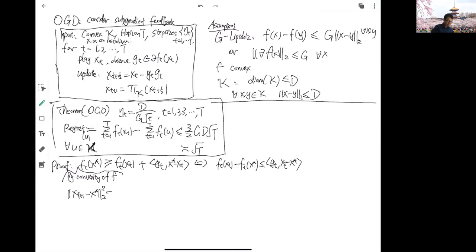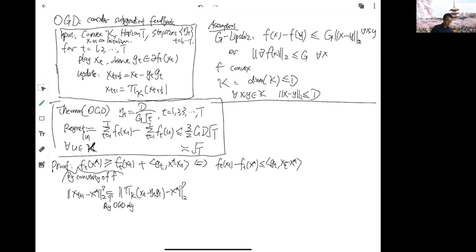By the OGD algorithm, this is a projected subgradient descent. So that will be the projection onto convex set K of x_t minus eta_t g_t, minus x star. Notice that this x star is always in the feasible region K.